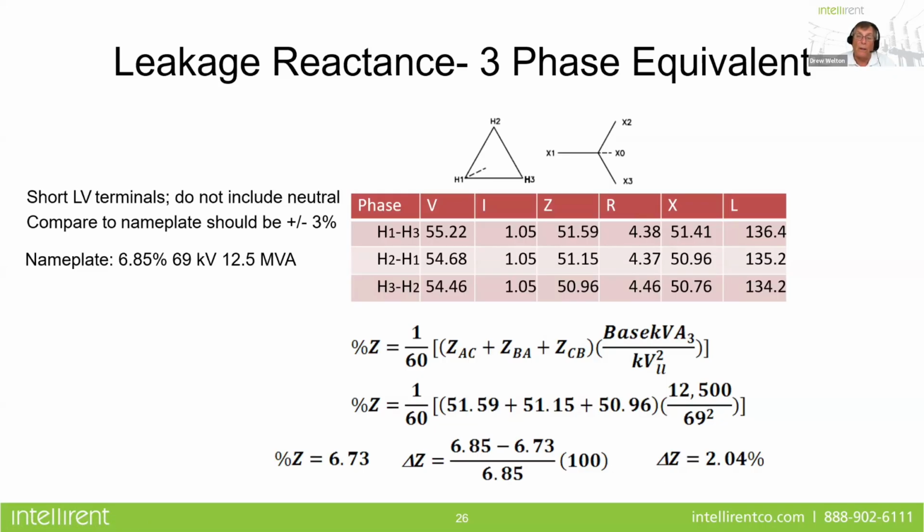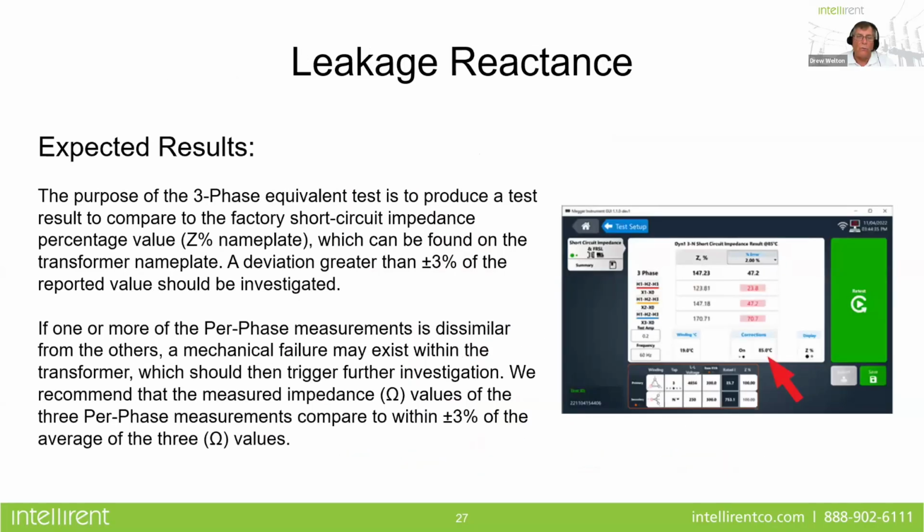If it's greater than that, you have a potential problem. The other thing is that when you do the per phase, what's important to note on the three phase is that it must be within 3% of each of the other two phases. So if you have plus or minus 5% on one winding, you know that that particular winding may have an issue.